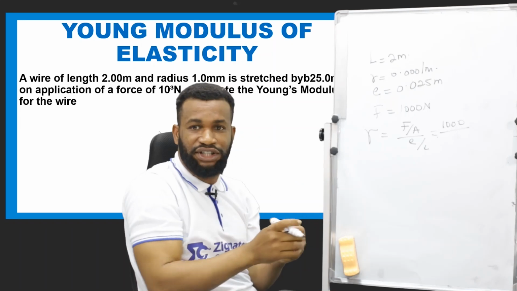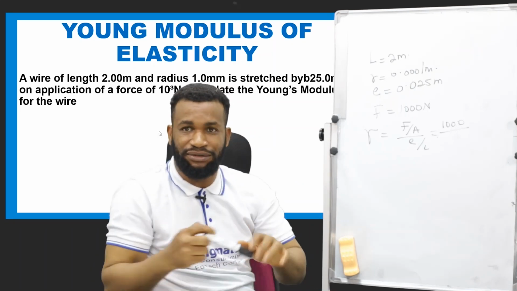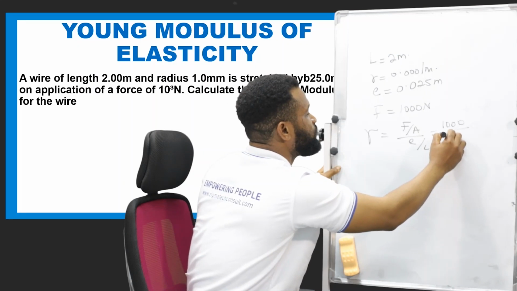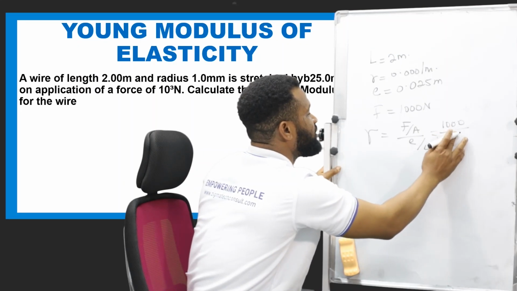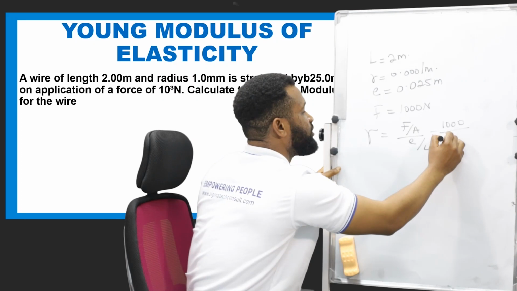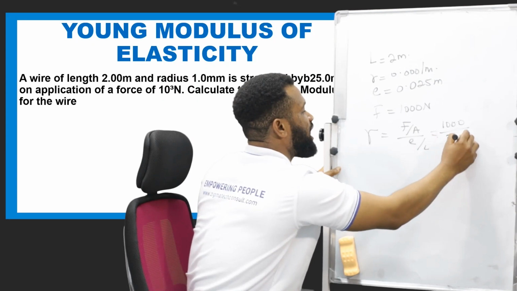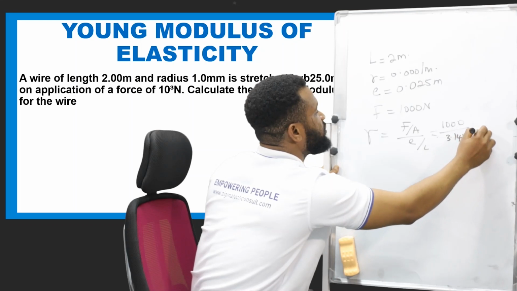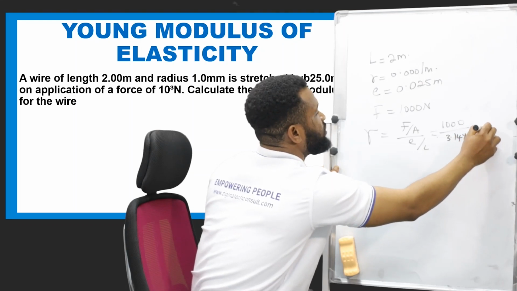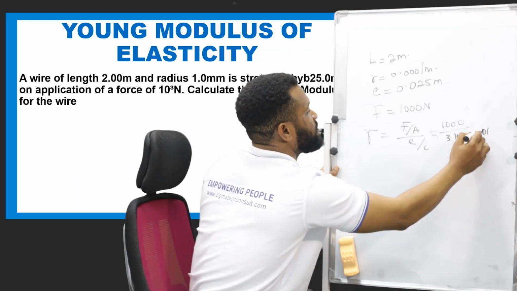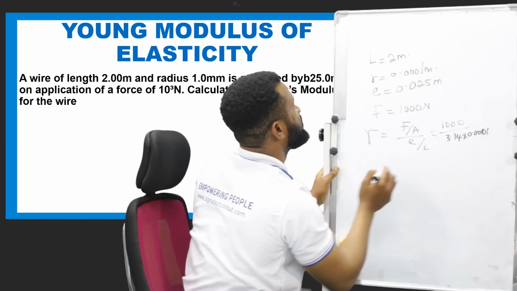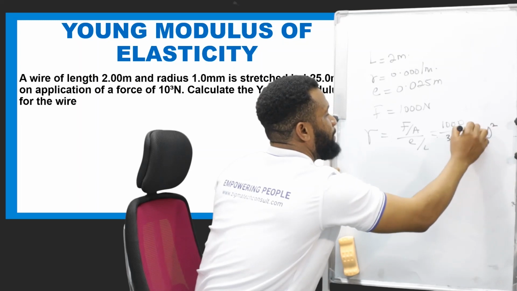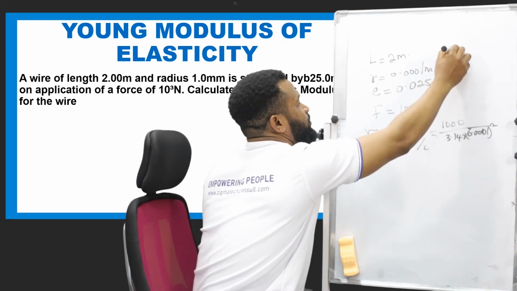So we are looking at the cross-sectional area of a wire, which is a circle. This area is going to be pi, which is 3.14, times the radius 0.001, then squared, because the area is pi r squared.